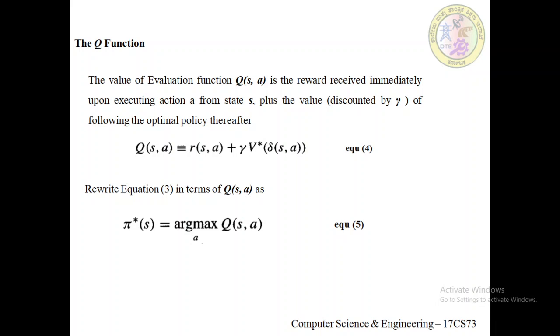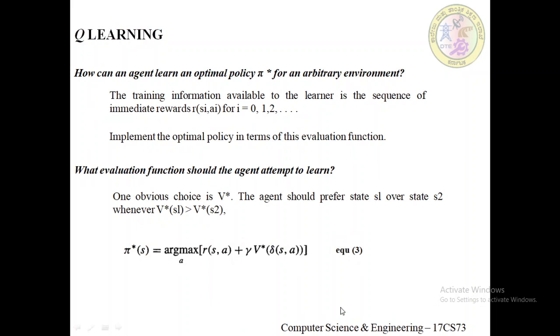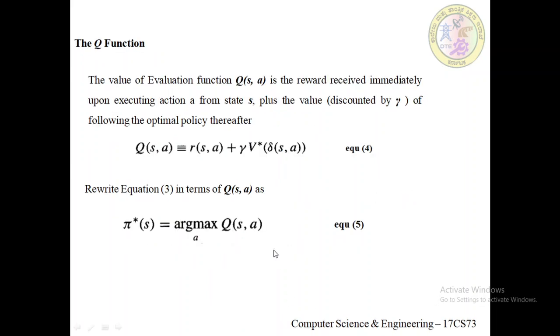When the agent knows R and delta, which are used by the environment to respond to its actions, it can use equation 3 to calculate the optimal action for any state S.